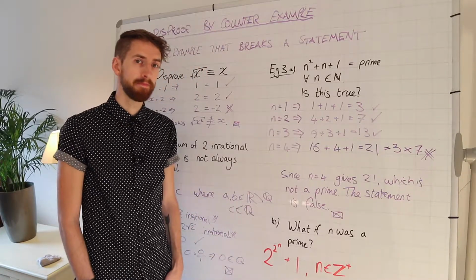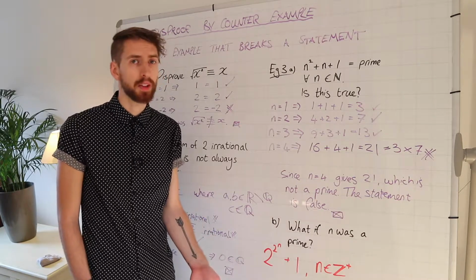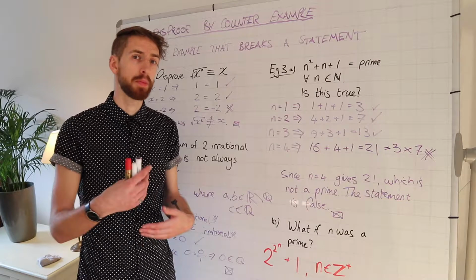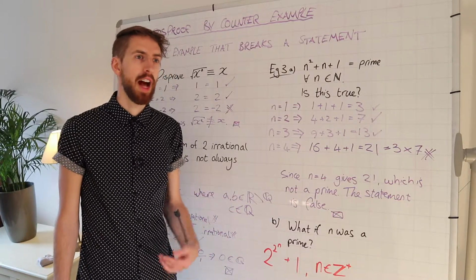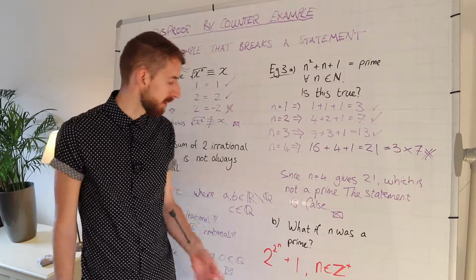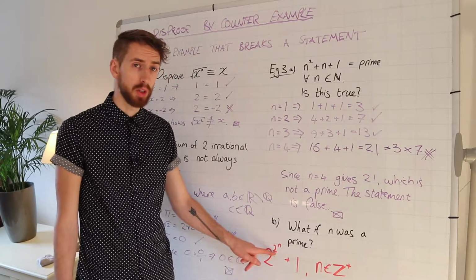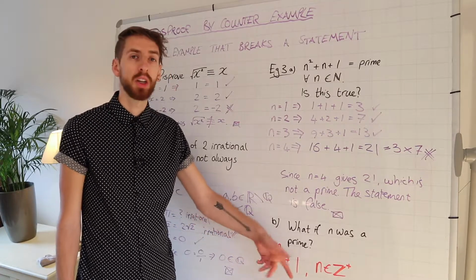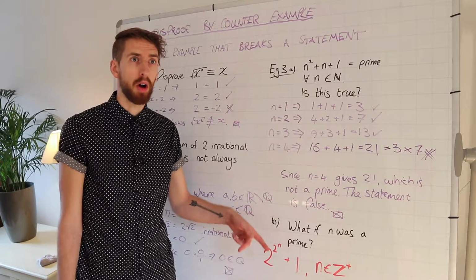Now, the way to check it is that you put in your number. So you can put in 1. Then you have to prove if that's a prime or not. So to prove it's a prime, you do your proof by exhaustion. And you'll find a counterexample. So if we put in 1, then you get 2 to the power of 2, which is just 4, plus 1 is 5. Now that is a prime. If you put in 2, that's 2 to the power of 4.